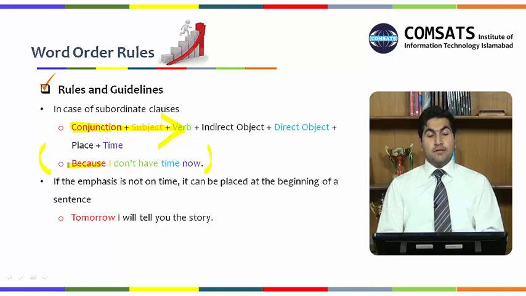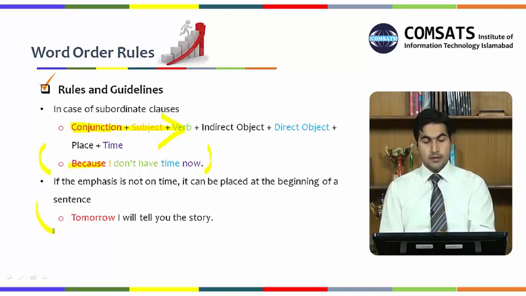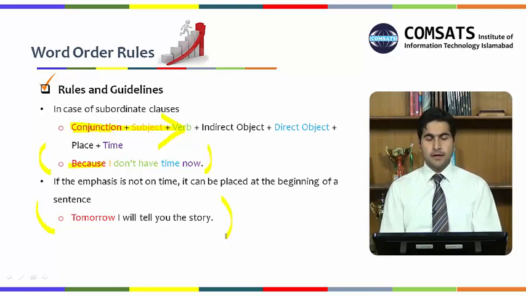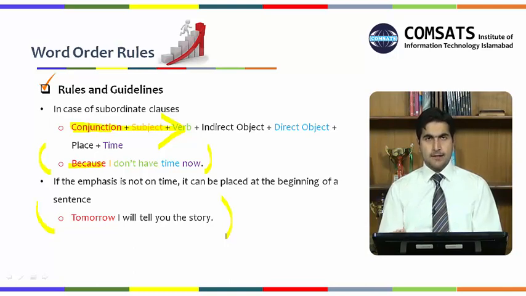Another point to focus on is that if the emphasis is not on time, then it can be switched. It can be placed at the beginning of a sentence, just the way I said it in the previous example, "I will tell you the story tomorrow." According to the conventions, if you have to highlight time, it has to be placed at the end.